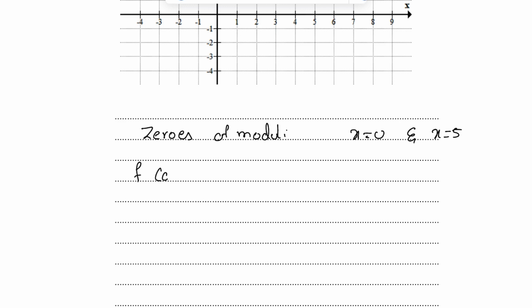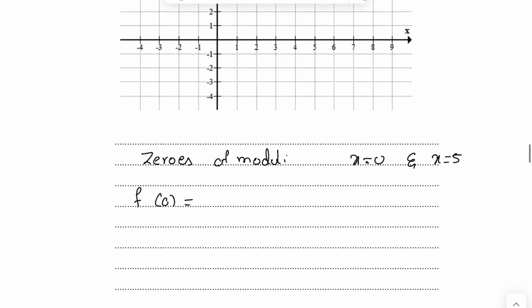So I'm going to find f of 0. When I get f of 0, what do I get from there? 5 minus 0 plus 3, which is 8. And f of 5 will become 0 minus 5 plus 3, which is negative 2.